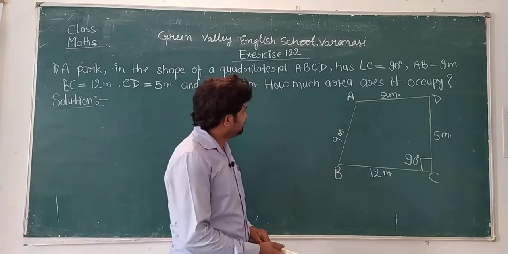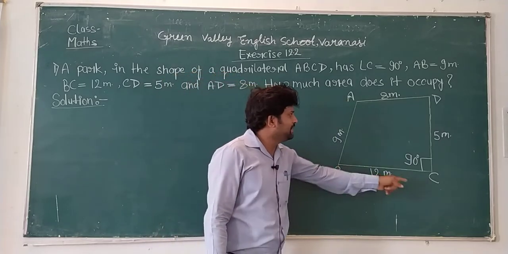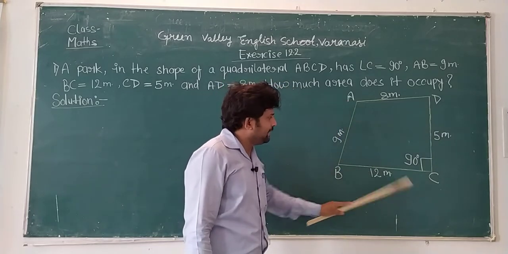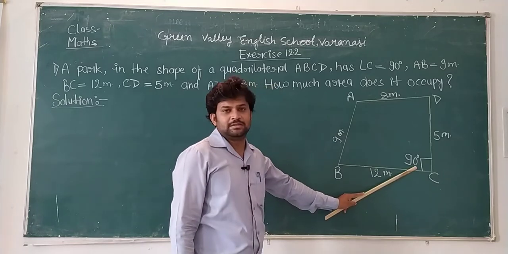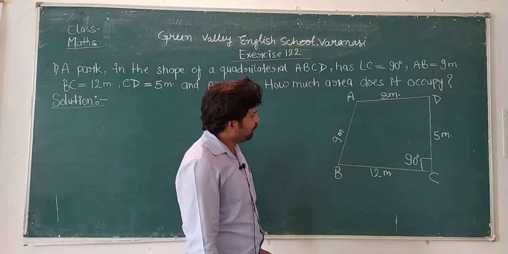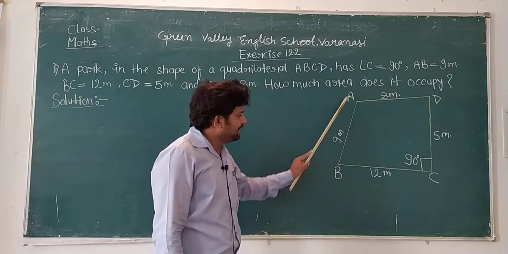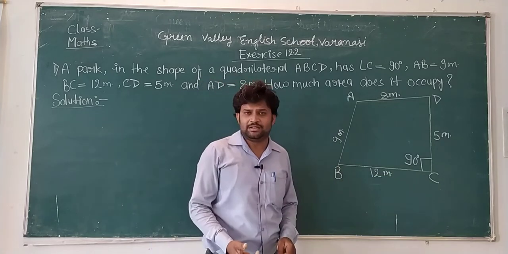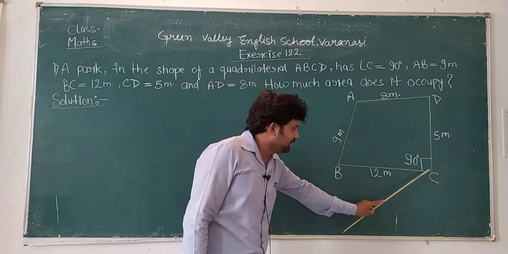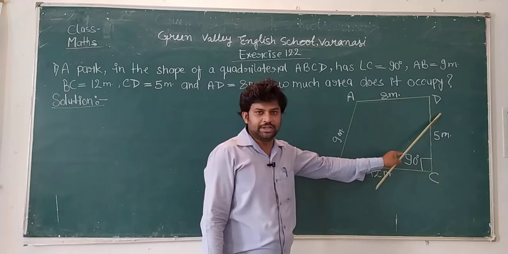Okay, then when we are going to find the area of ABCD, in quadrilateral ABCD angle C is a right angle. It means angle C is 90 degrees. When we divide quadrilateral ABCD into triangles, we draw a diagonal AC or BD.